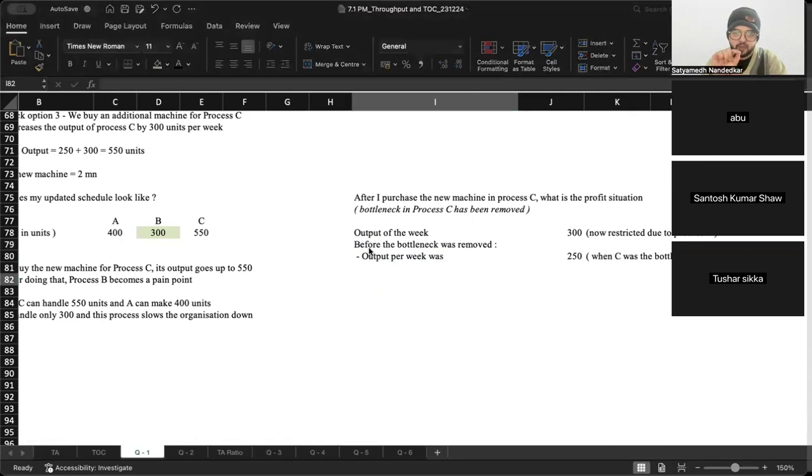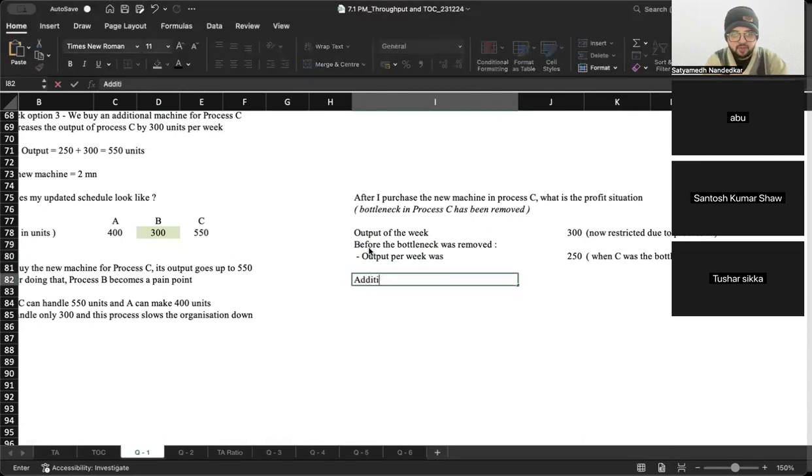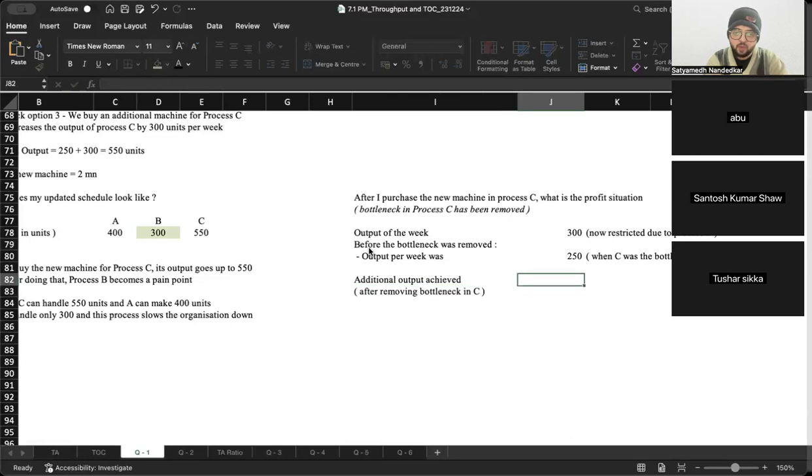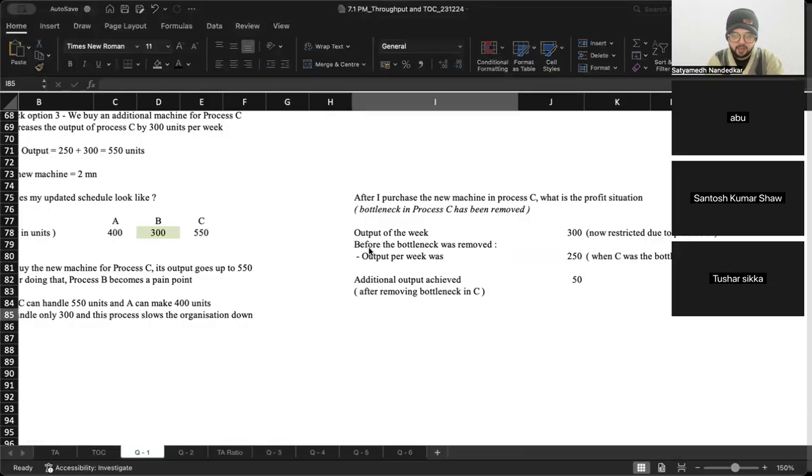So, what is the additional output achieved? Additional output achieved after removing the bottleneck in C. How much more are you able to produce now? 300 minus 250. This is the incremental output.